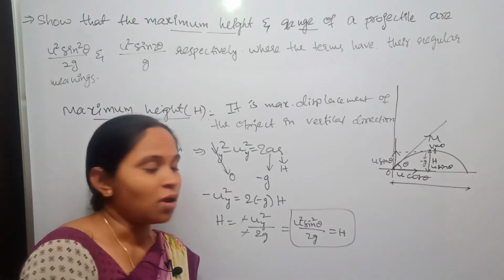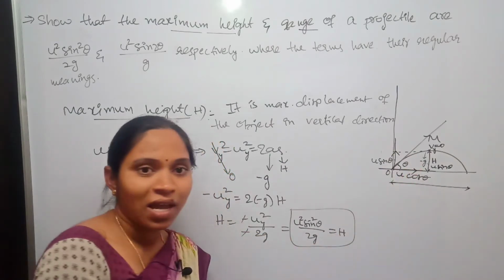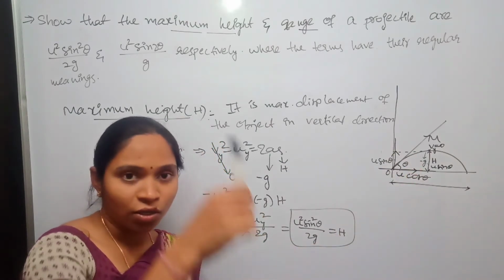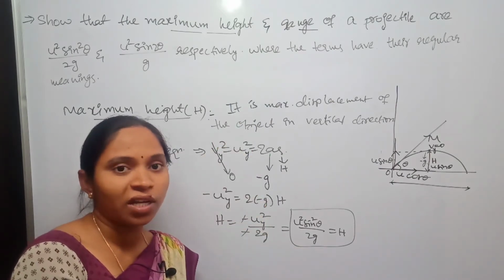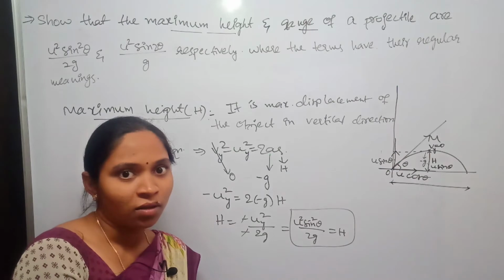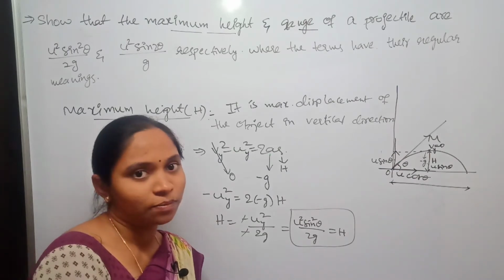Right? Because of that force, you will have an acceleration in downward direction. Acceleration due to gravity in downward direction, nothing but a retardation. Okay, negative acceleration is nothing but retardation.